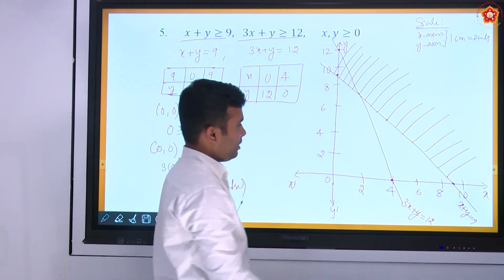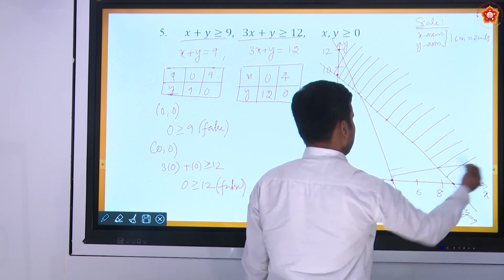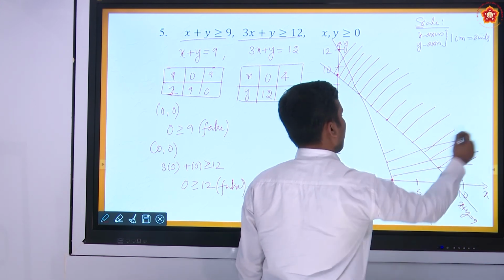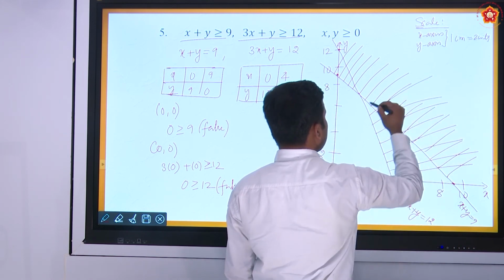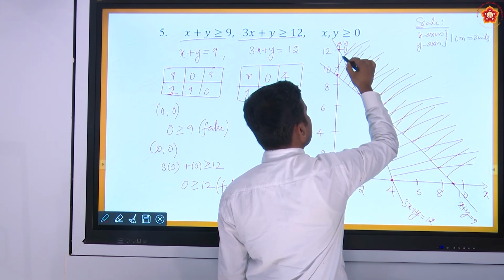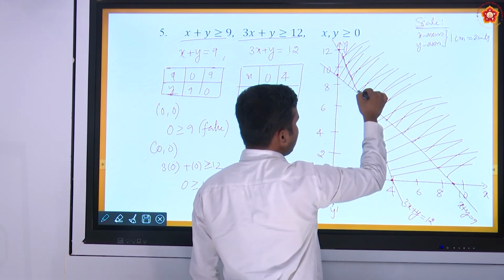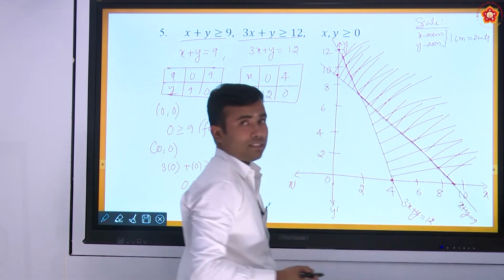Hence the solution of this line is also away from the origin, like this. What is common between these 2 lines is this region. This is the region which is common to both the lines.